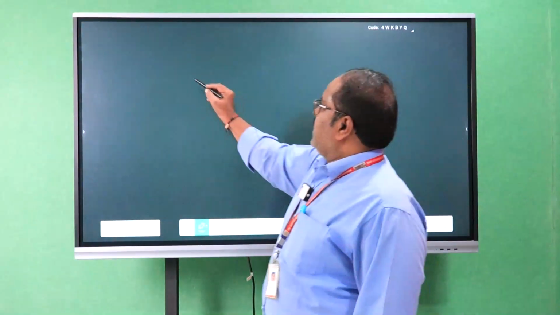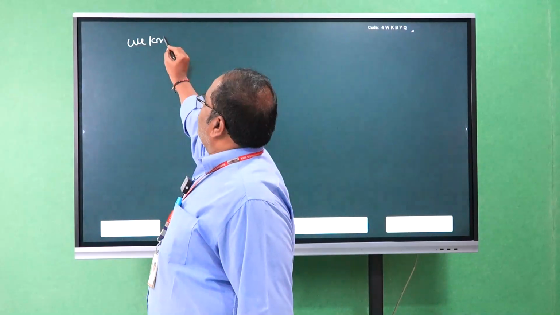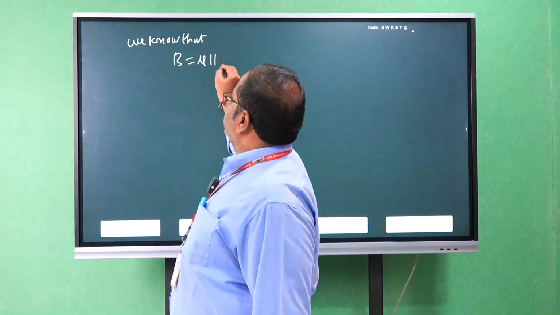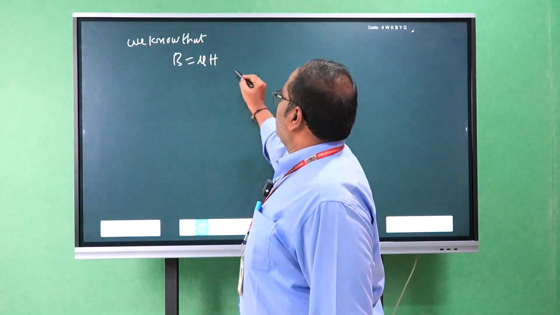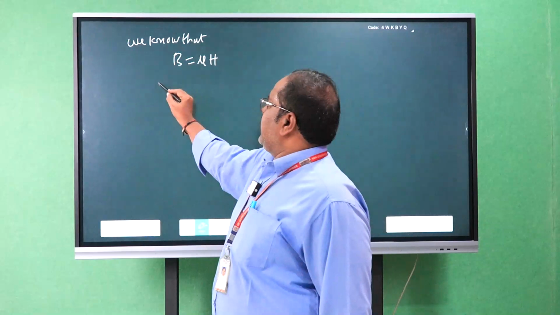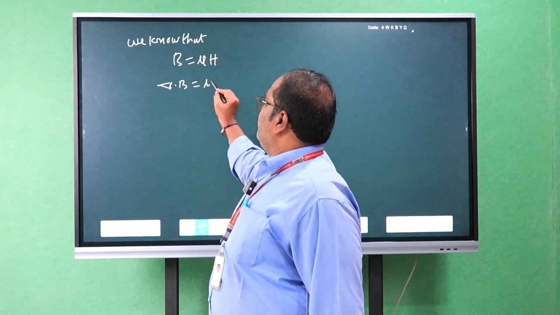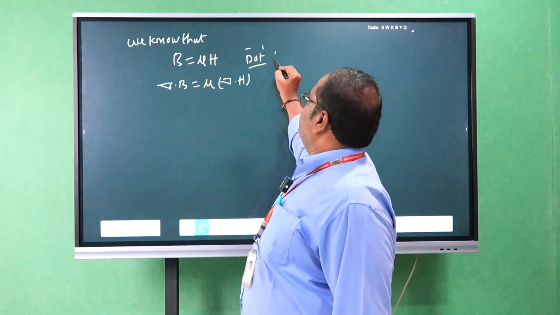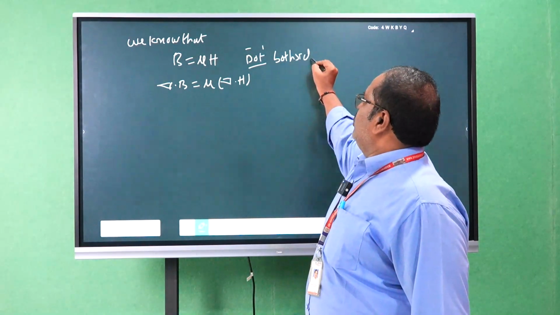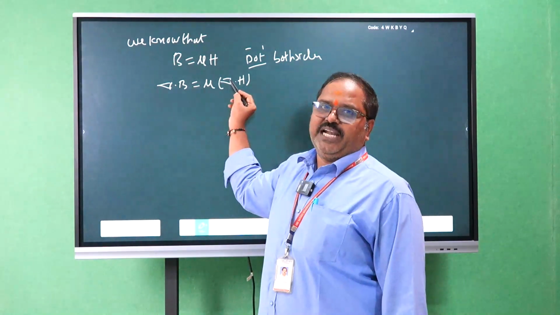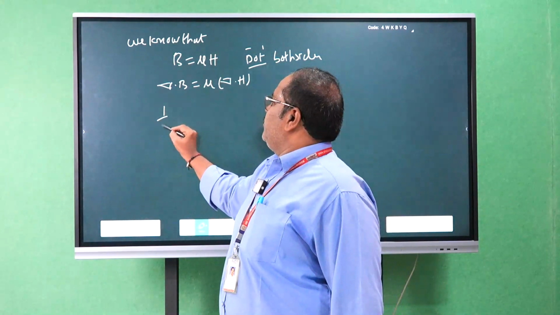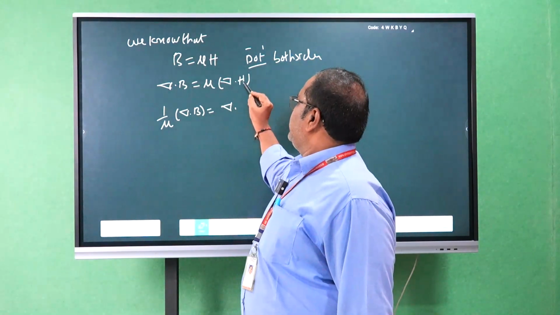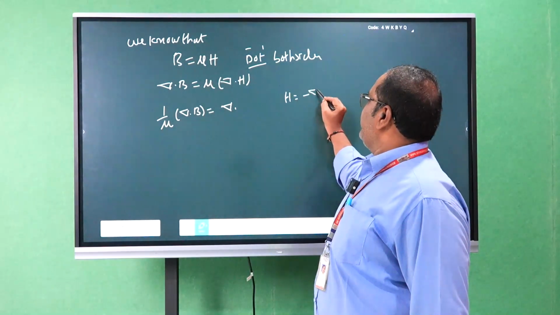We know that B is equal to mu H. Therefore, applying the divergence on both sides, del dot B is equal to mu into del dot H. Therefore, 1 by mu del dot B is equal to del dot H. What is H? H is equal to minus del Vm.